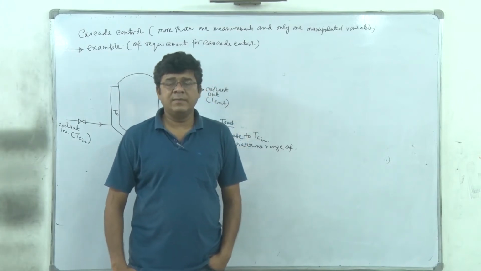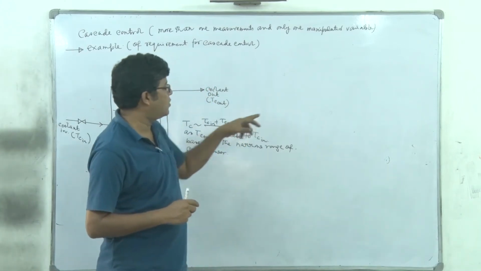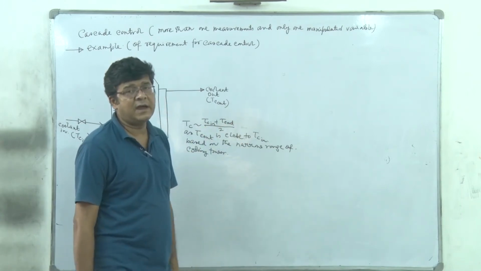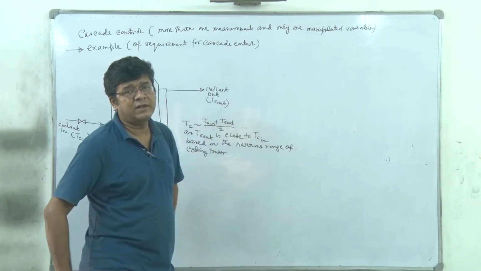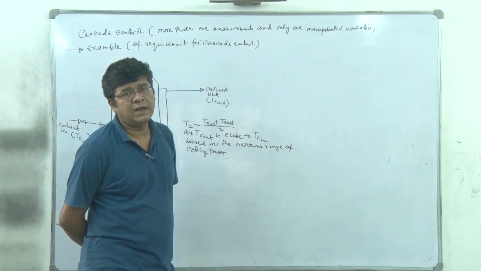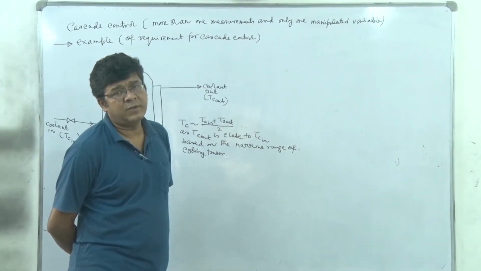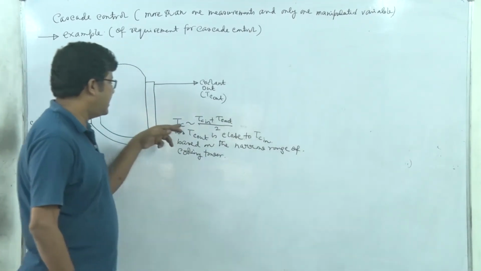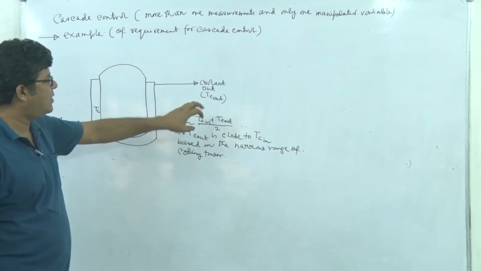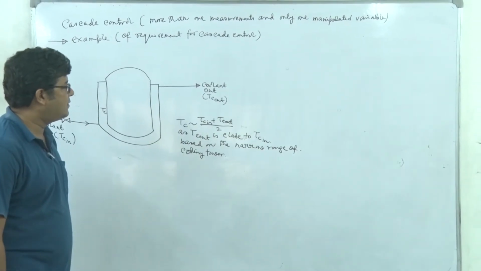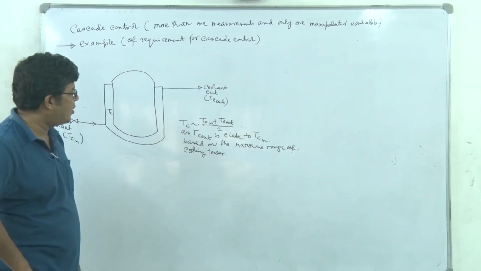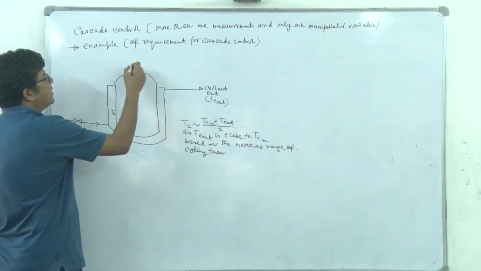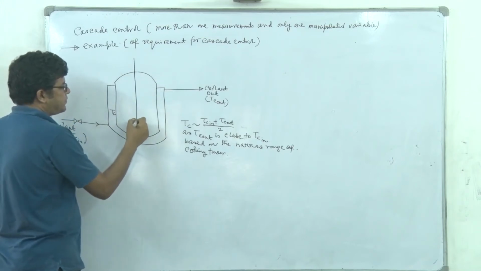There are two reasons why we don't go beyond this 10 degree difference between Tc in and Tc out. The first reason is the range of the cooling tower, and second is this precipitation problem and associated dirt resistance problem. So that's why the coolant temperature may be approximated as the arithmetic average of the inlet and outlet temperature.